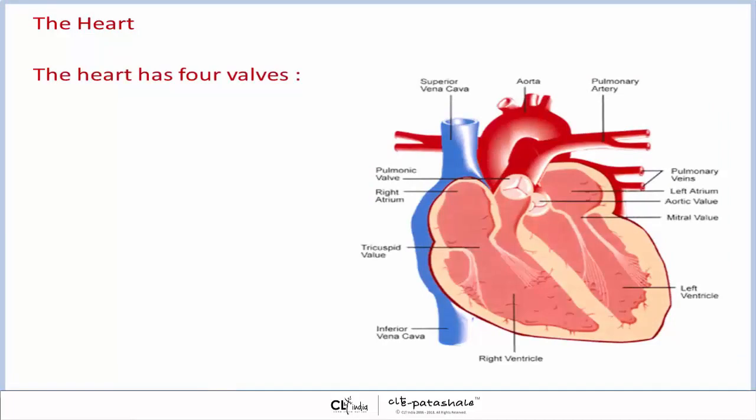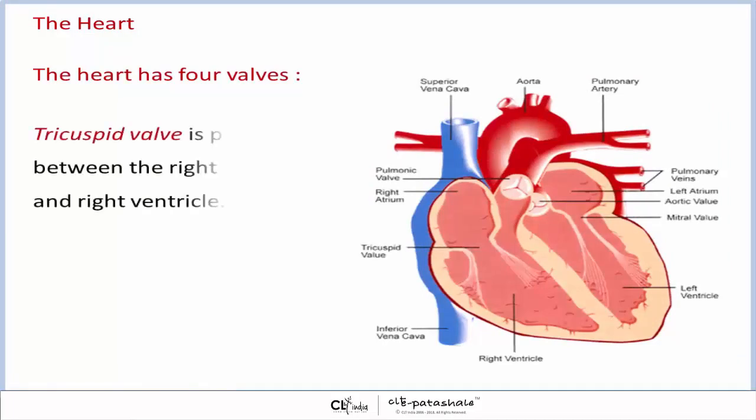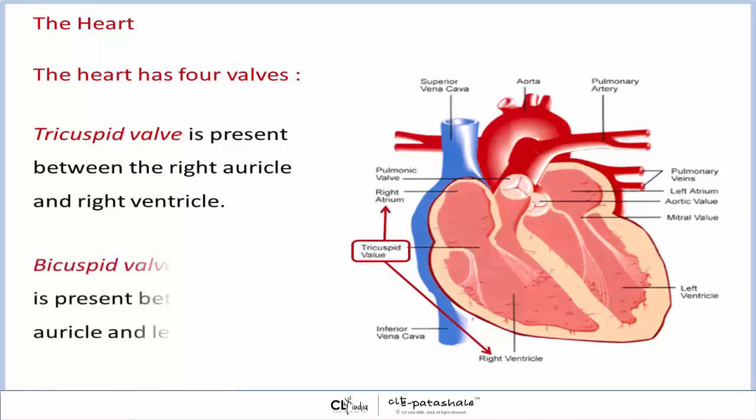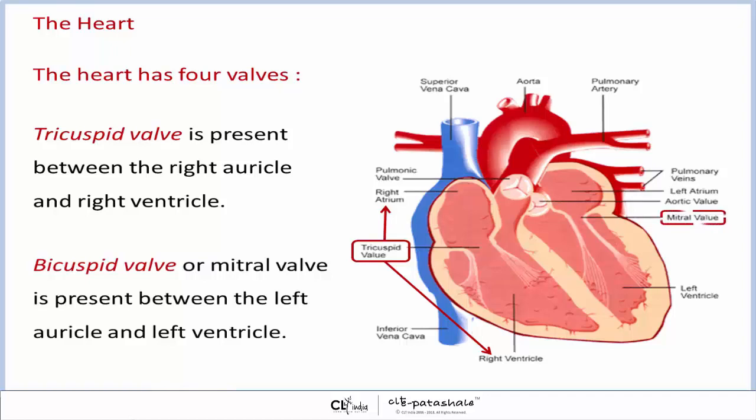The heart has four valves. Tricuspid valve is present between the right auricle and right ventricle. Bicuspid valve or mitral valve is present between the left auricle and the left ventricle.